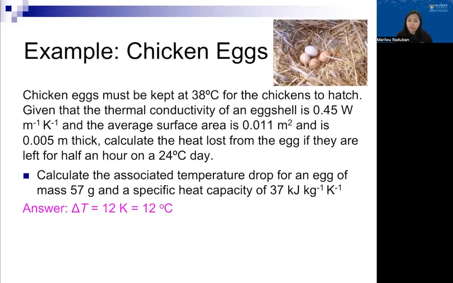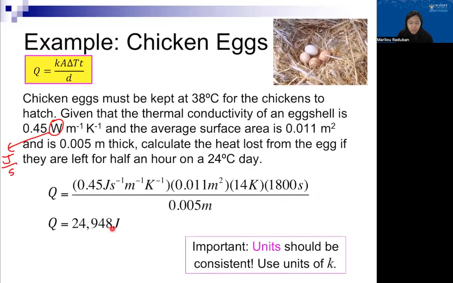In the previous question, we determined the amount of heat that's transferred. Now in this question, we're being asked how much the temperature of the egg will drop as a result of 24,948 joules of heat being transferred to the environment.